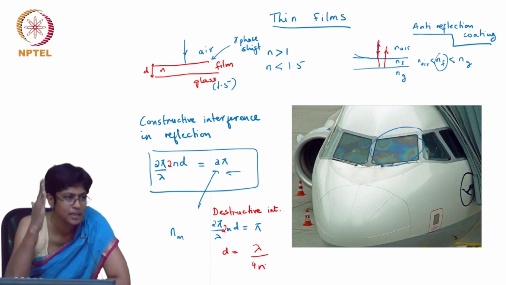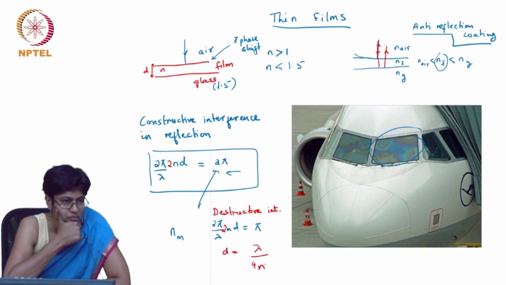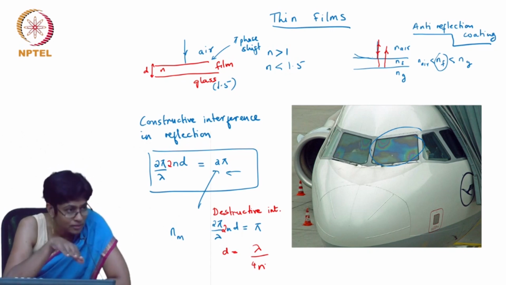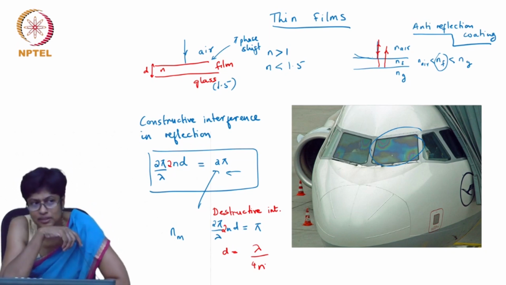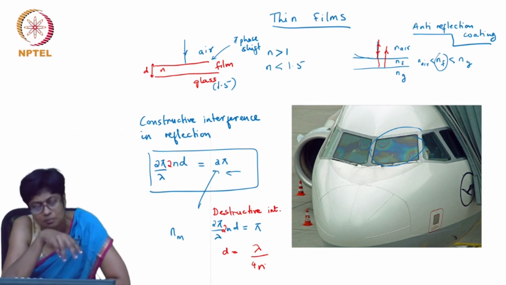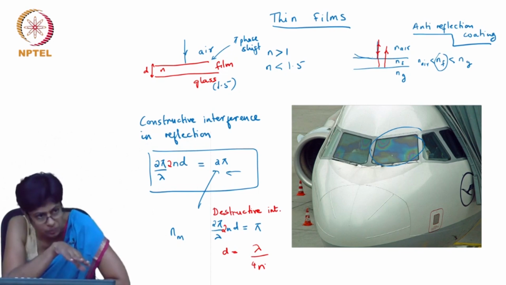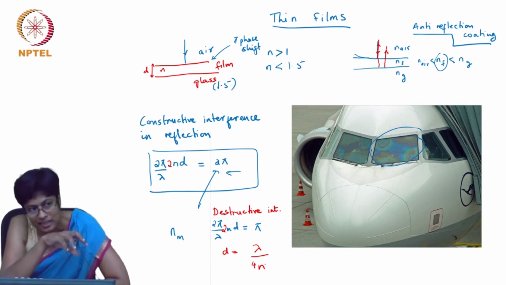Does this ring any bells, at least for the electrical engineers in this class? You have all done electromagnetics. Yes, where did you encounter that? In polarization, but not only connected to light, you see it in other places. So, it says quarter wave plate, yes, but then that is again an optical application.